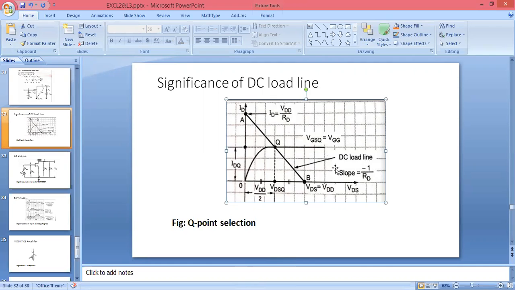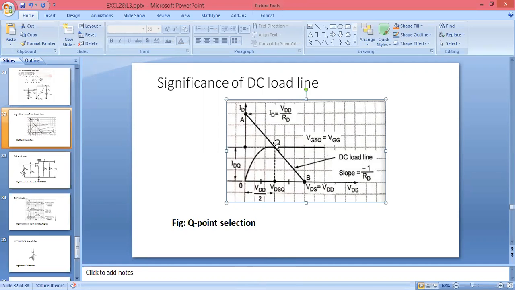The intersection of the DC load line is a Q point. ये जो saturation region है और ये जो load line है, दोनों का इंटरसेक्शन, उसको हम क्या बोल सकते हैं? Q point.